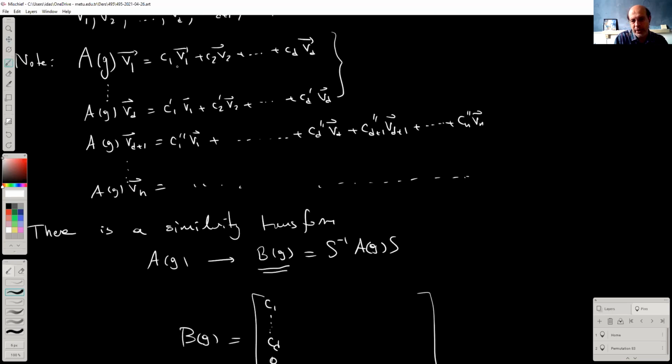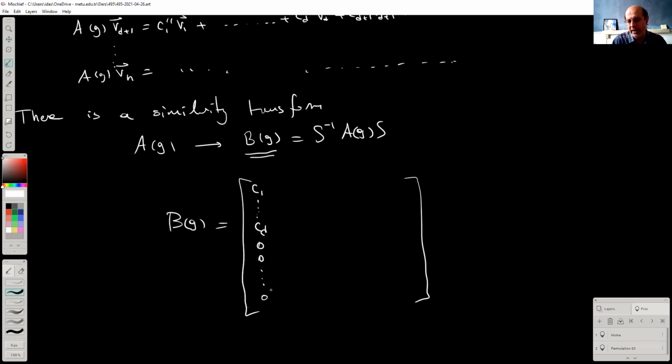What I do in constructing these matrices is basically write down these coefficients in a column. And after some point, I'm going to have zeros. As a result, the first D columns of that B of G matrix would be something like this.